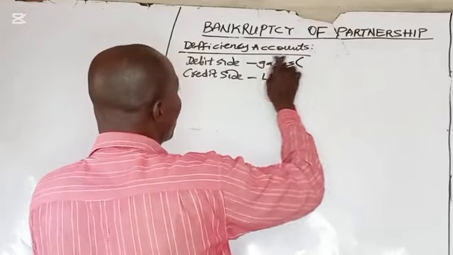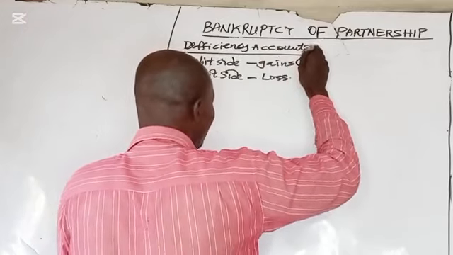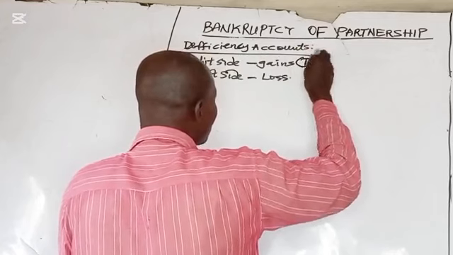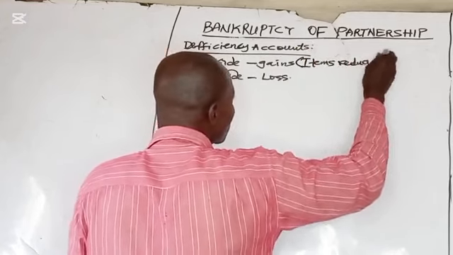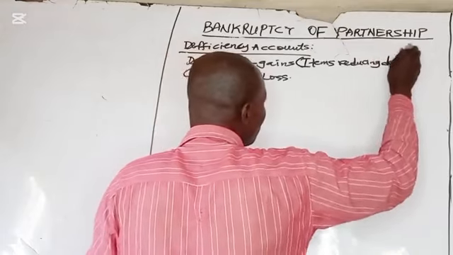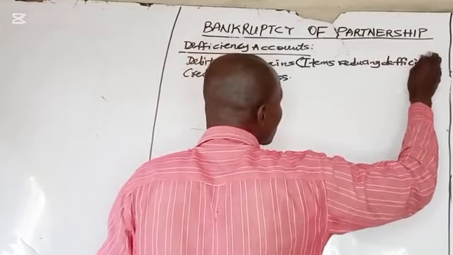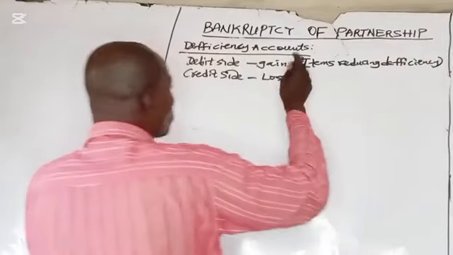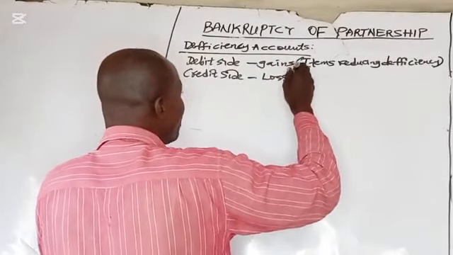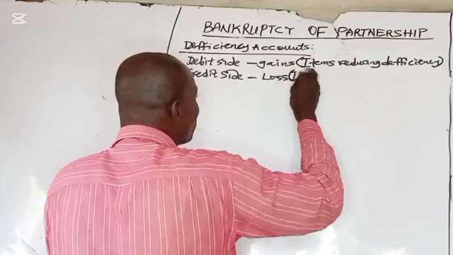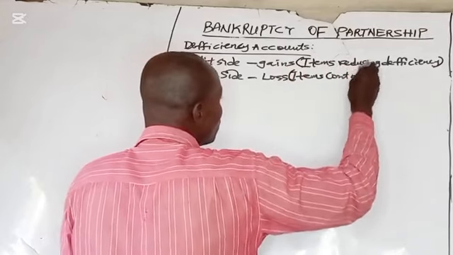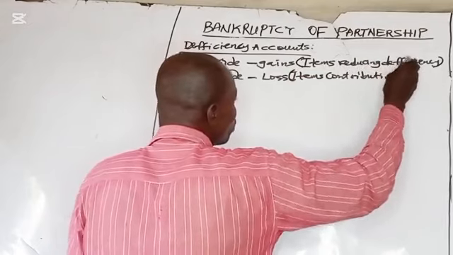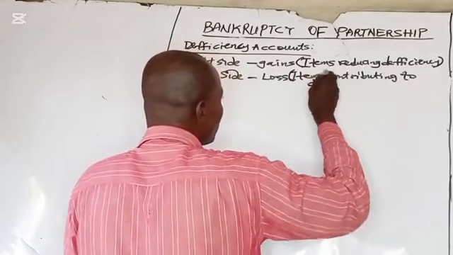Gains will result in reduction in deficiency, so you debit items reducing the deficiency. And loss will contribute to the deficiency. That means at the credit side, you have items contributing to deficiency.